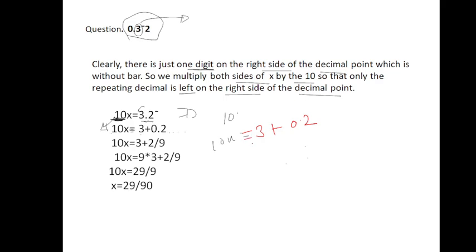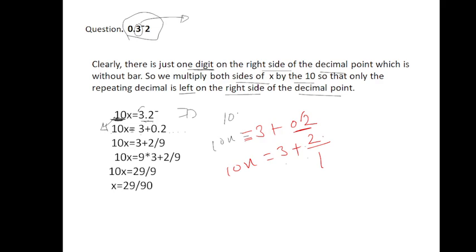As we learned in the previous slide, 10x equals 3 plus, and when we remove the decimal, it is a 2, and put 1 in the denominator and put 0.